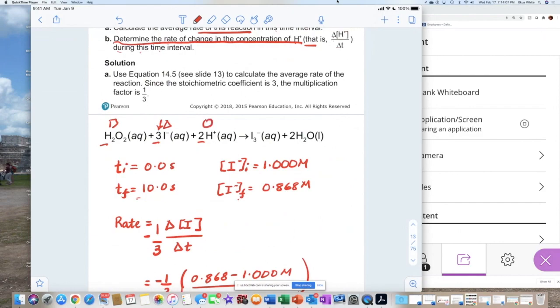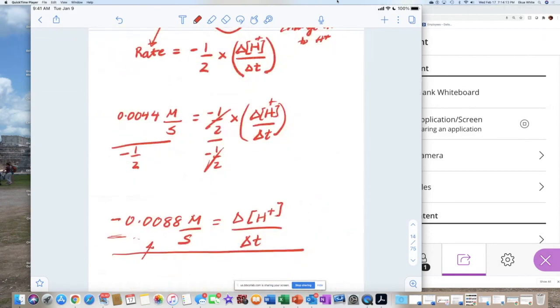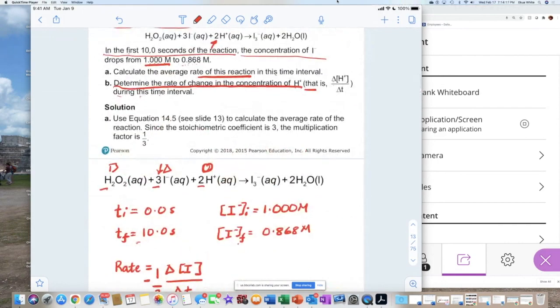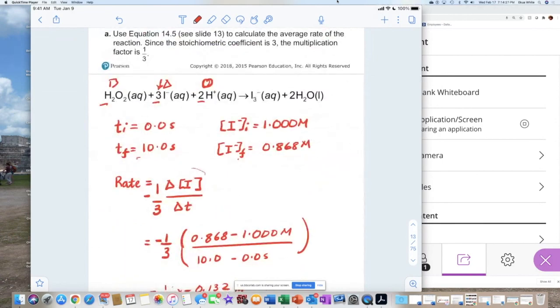You can show after 10 seconds, the circle amount should be less by this amount right here. Okay, and they told you the amount. You should be able to figure out the amount by which I minus will also be less, which we didn't really work out that way, but you can just do the change in this over time here. Subtract these two, divide by 10.